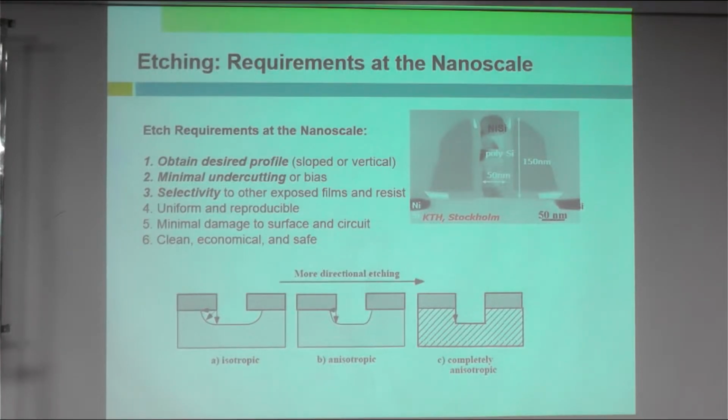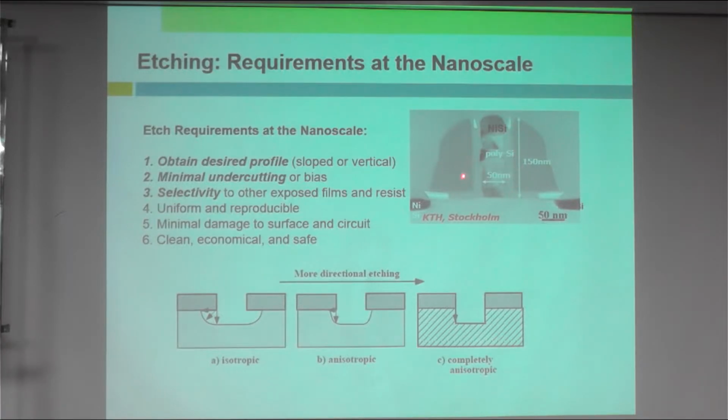At nanoscale, we know that we are going to form smaller and smaller structures in order to have more sensitive, higher performance. For example, here the etch requirement at the nanoscale is to obtain the desired profile with a certain shape, a 150 nanometer polysilicon structure in this way.